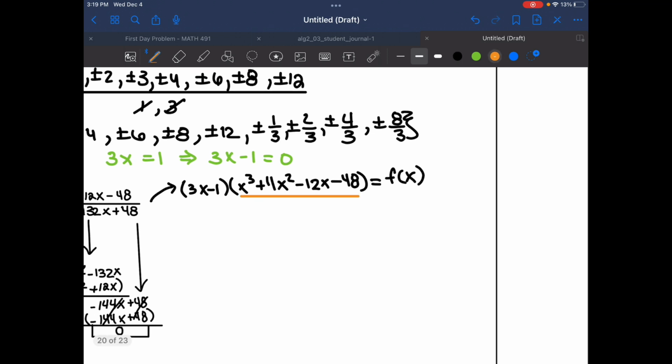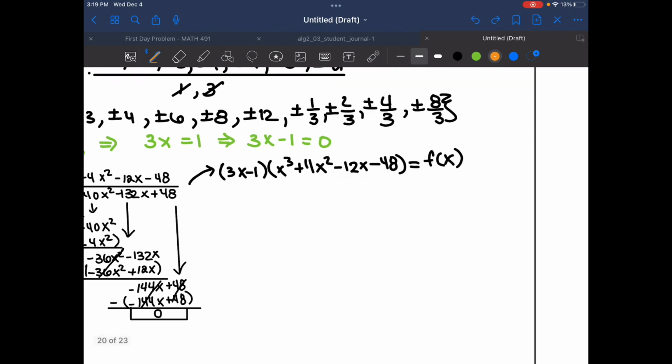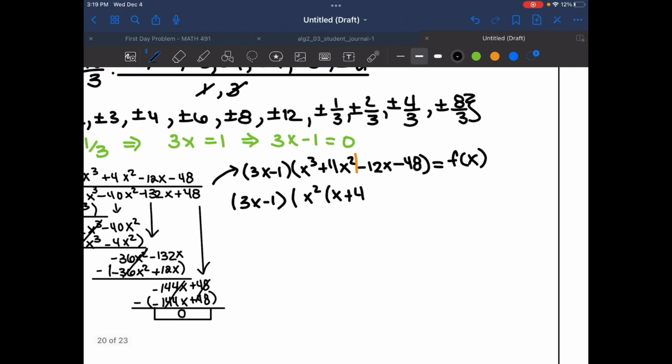And now I'm going to see, can I factor this one, okay? Is this piece here factorable? Well, I'm going to go ahead and split it down the middle and see what happens. So we have 3x minus 1. I can take an x squared out of this side. This leaves me with, on the left-hand side, an x plus 4, okay? And then on the right-hand side, I can take a negative 12 out.